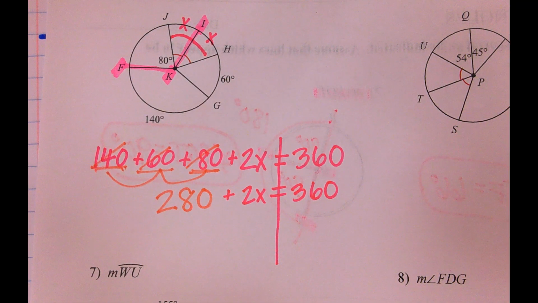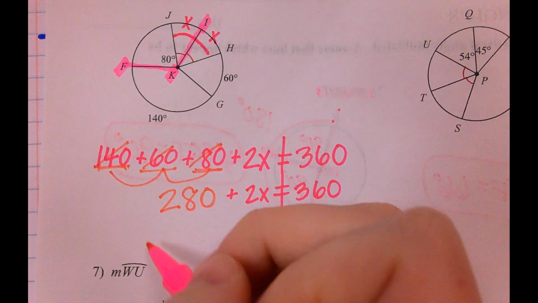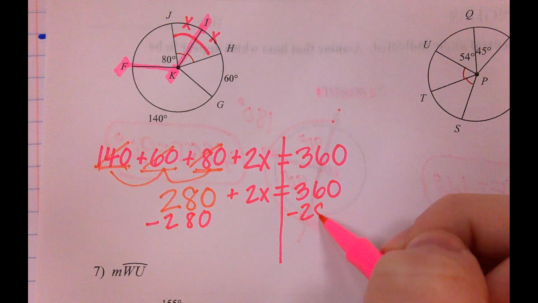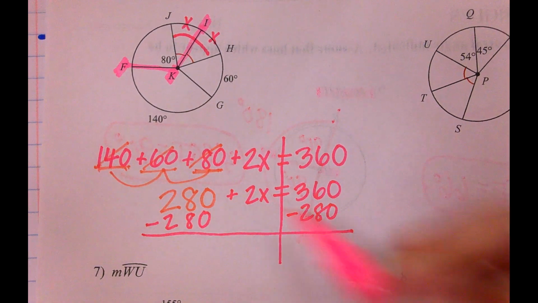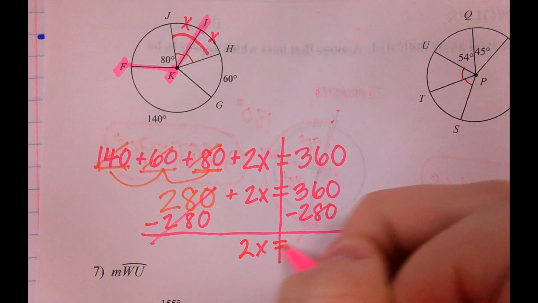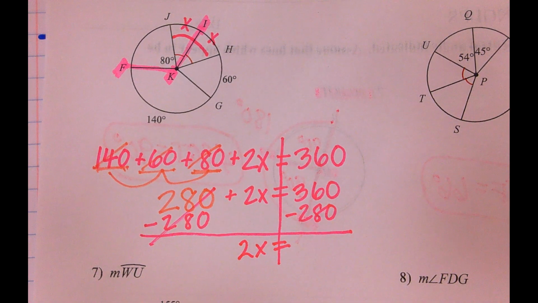What would I do now? You minus 280 on each side. It's 280 on both sides. Bring down 2x equals 80.